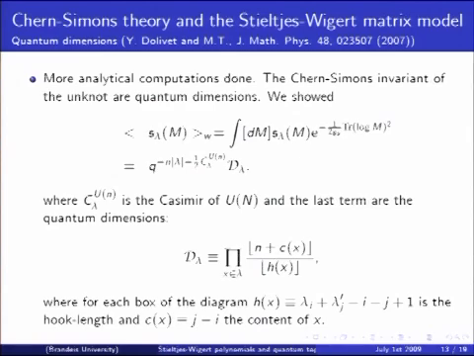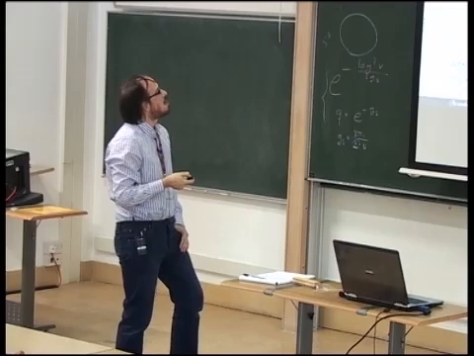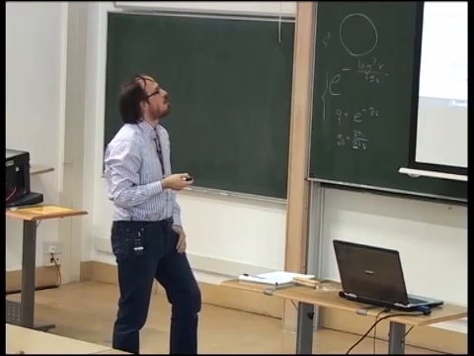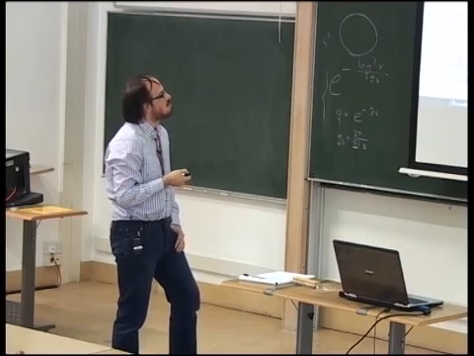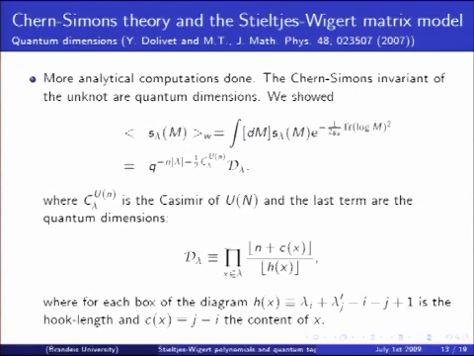This is much more difficult, because in random matrix theory there are not many computations of insertions of Schur polynomials in the random matrix quantity. But we managed to do this with a mixture of the Stieltjes-Wigert polynomials and some combinatoric tricks, because you have representation theory here through the Schur polynomial.